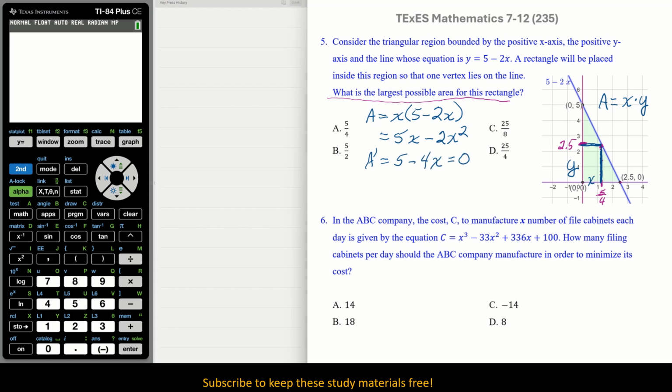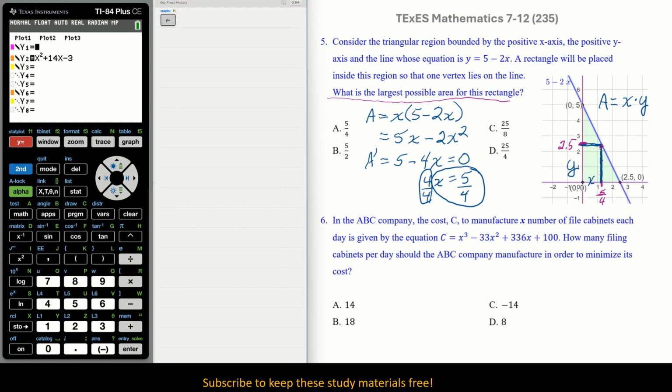Set that equal to 0. Then 4x equals 5. Divide both sides by 4. That is actually the value of x that we need to get our maximum. It optimizes the area.